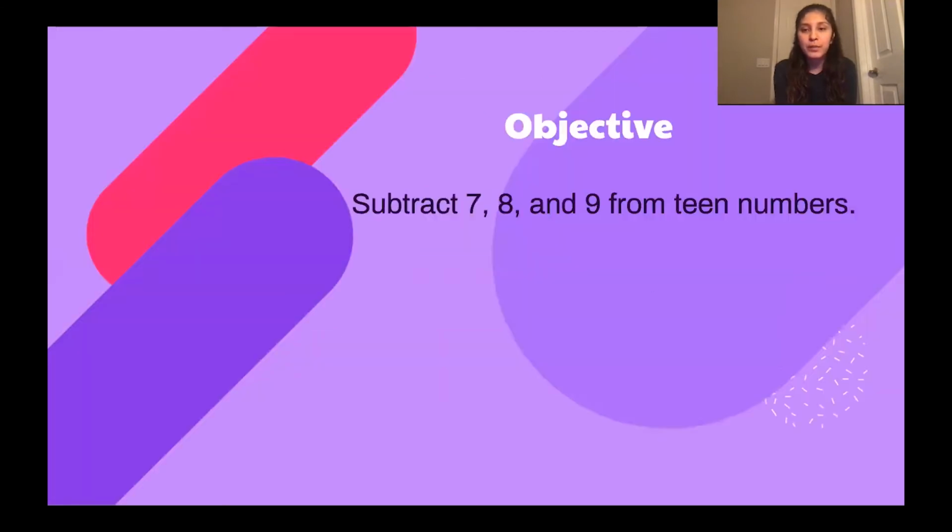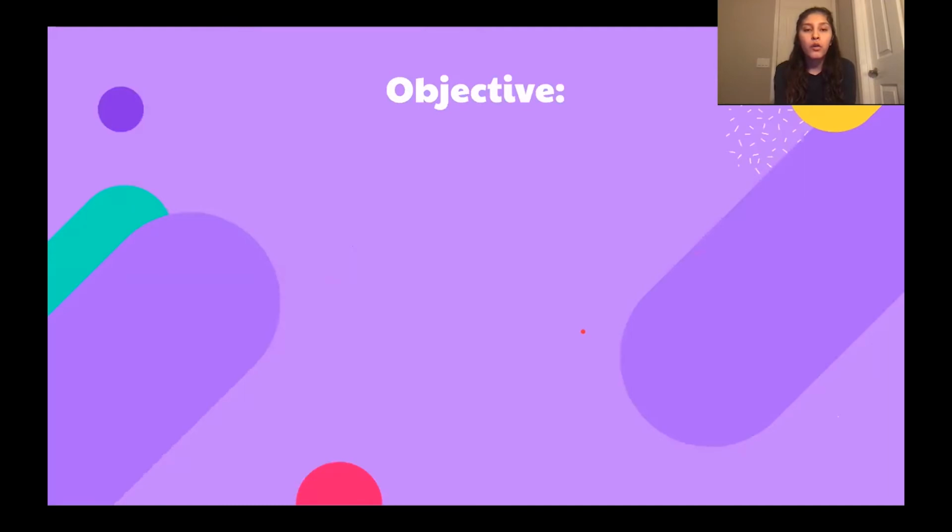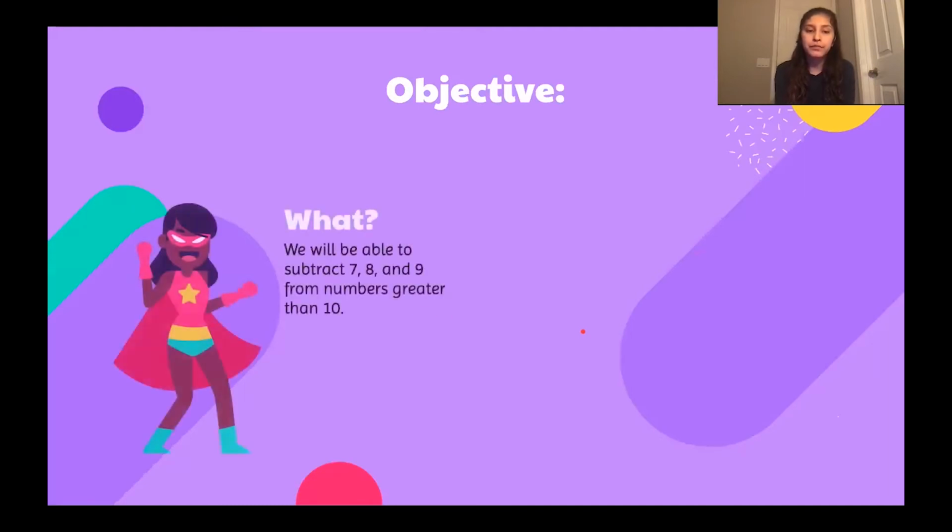Okay, so I'm gonna move my screen over here. So our objective is subtract 7, 8, and 9 from teen numbers. And here's our superhero. So what does that mean? Our objective means that we will be able to subtract 7, 8, and 9 from numbers greater than 10.